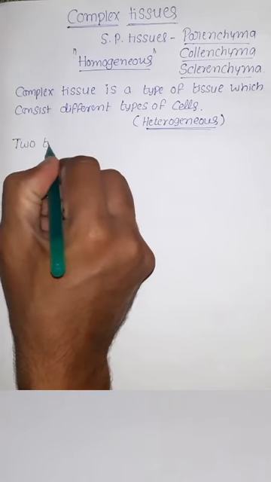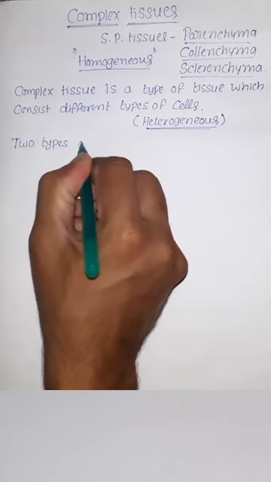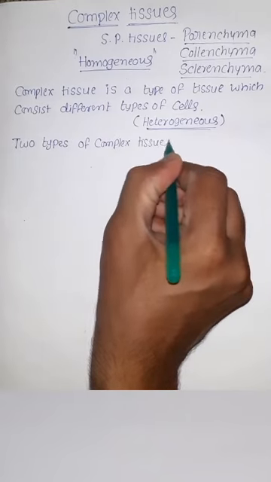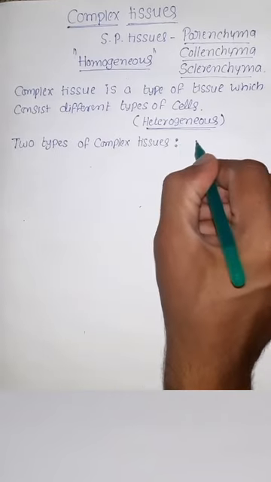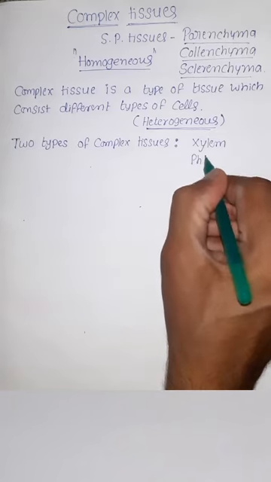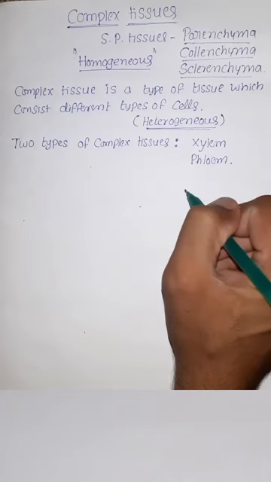There are two types of complex tissues in plants. One is xylem, another one is phloem.